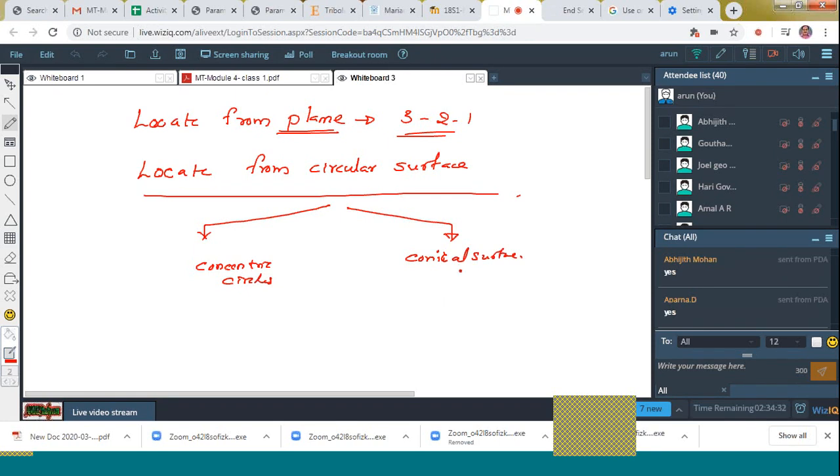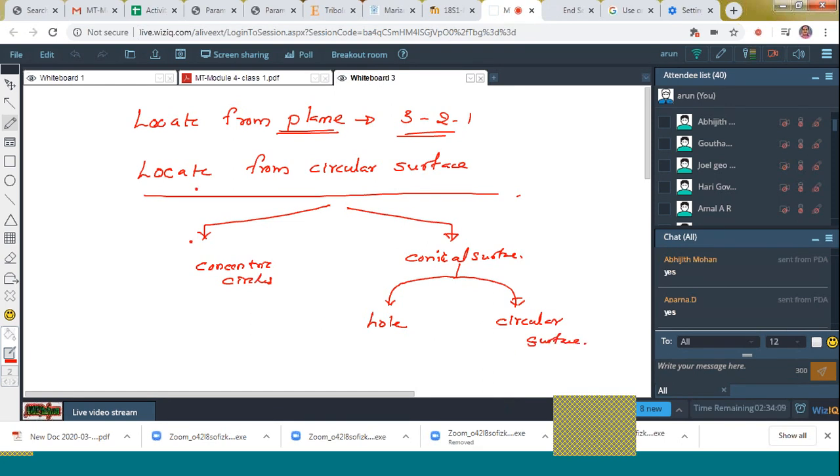Again, this conical surface is classified into two: by means of a hole, and by means of the circular surface. These are the two cases.